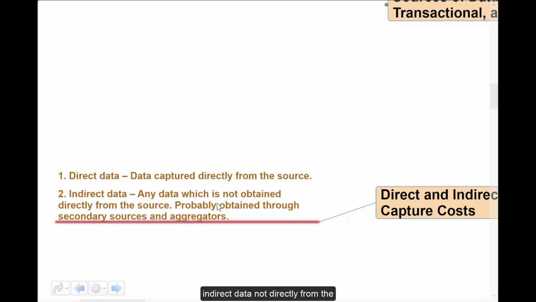Indirect data, not directly from the source, perhaps from another source, maybe a government body, maybe online, maybe an agency. More than likely, time is involved and possibly a cost too. We need to be careful that the costs of accessing information don't outweigh the benefits of using that information.